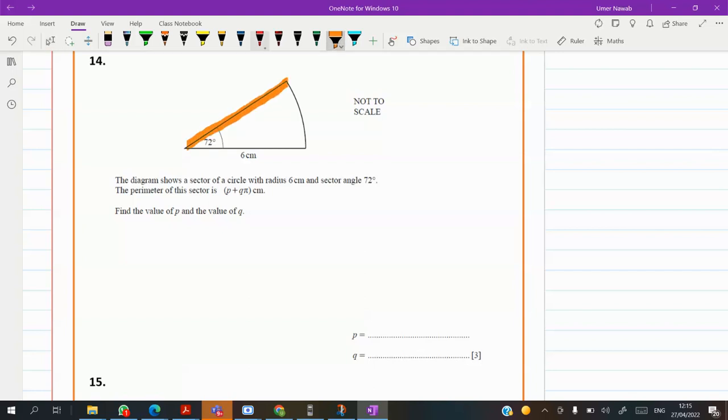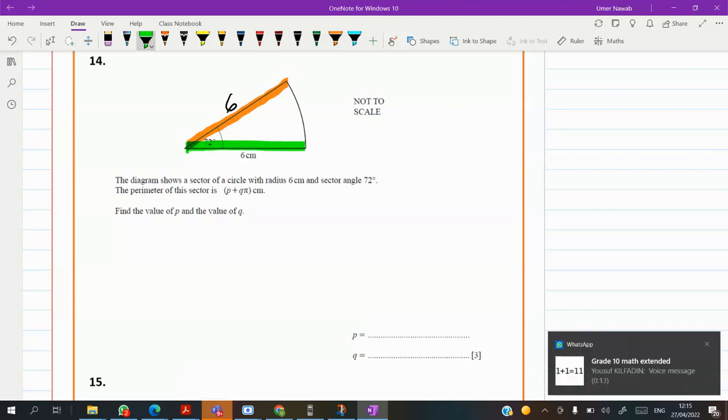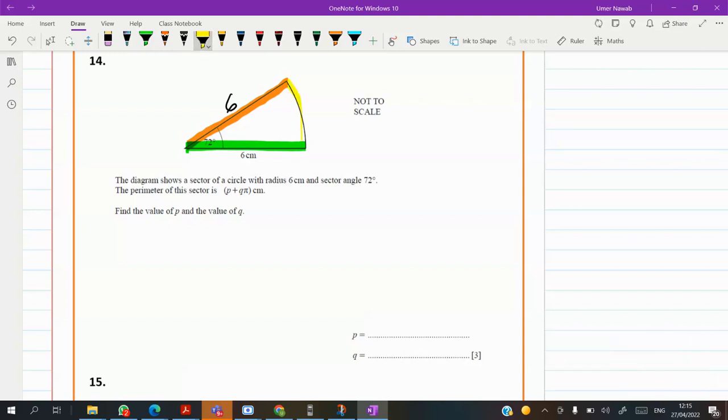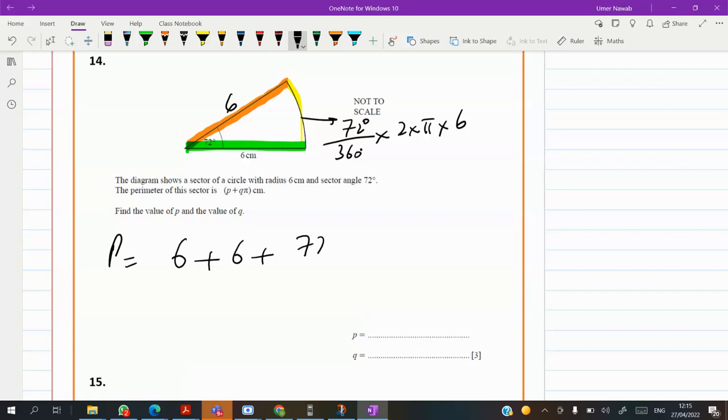So this is 6, and this is also 6, and this one is the arc length, which is 72 divided by 360 times 2 pi, and the radius is 6. Now when I write the perimeter, 6 plus 6 plus 72 over 360 times 2 times pi times 6.